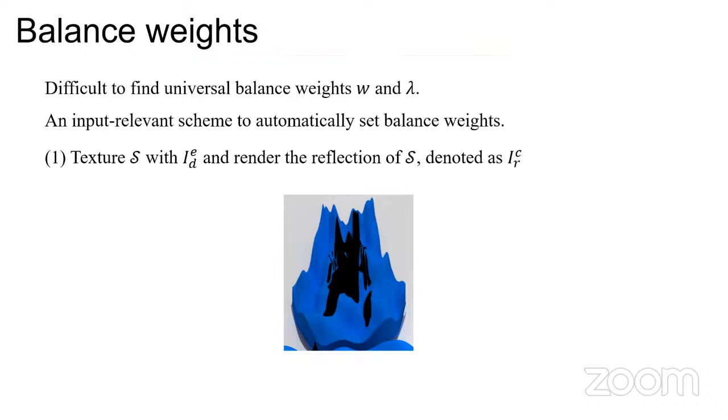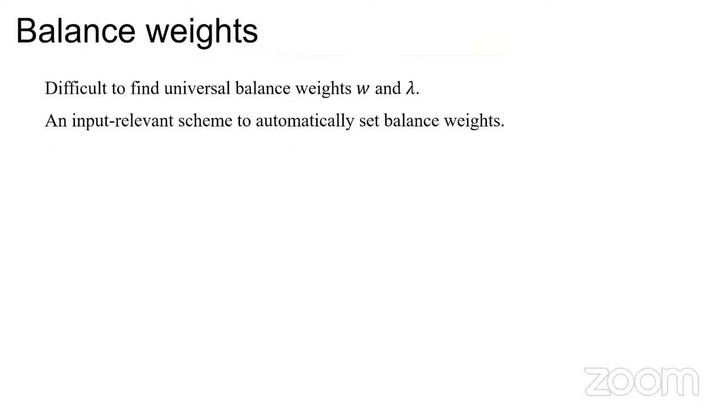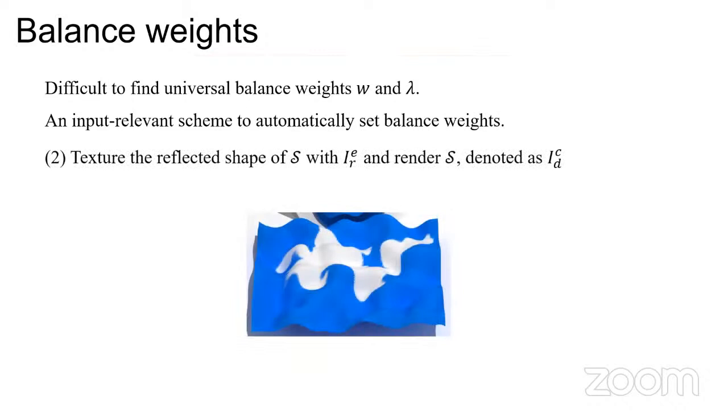Then the reflection of the mesh in the mirror is rendered to produce a reflected image, denoted as IRC. Second, generate another temporary texture surface by projecting IRE onto the reflected shape of S, and render the temporary texture shape to obtain a directly reviewed image, denoted as IDC.